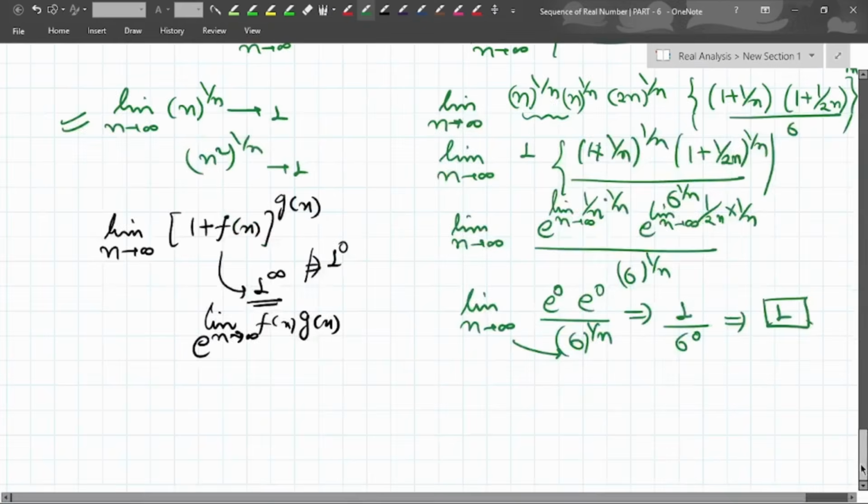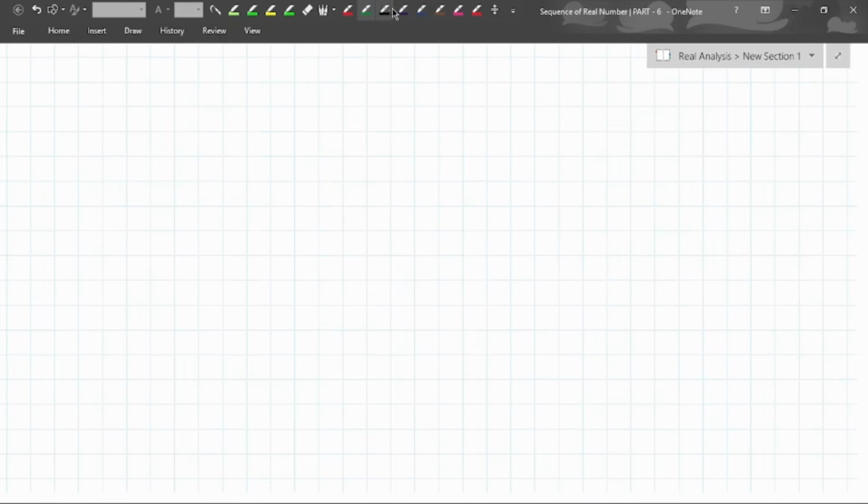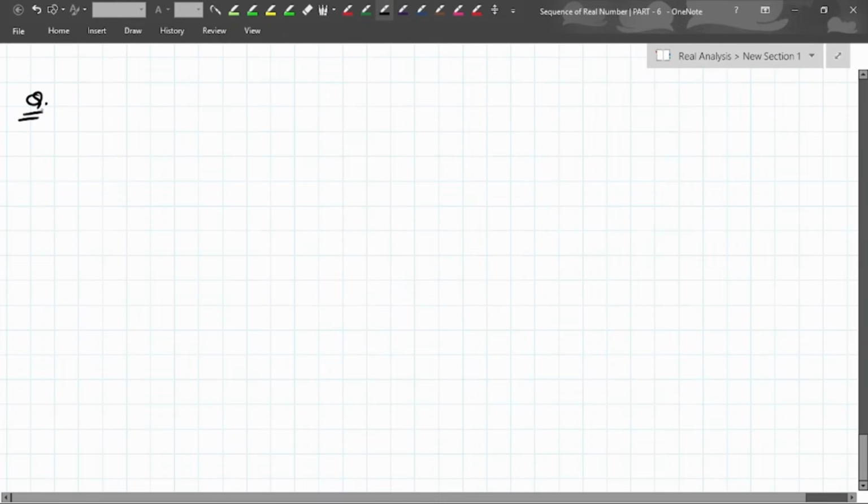Next, I will tell you how we can use the sandwich theorem here. If I take the second question, and I am going to find the limit n tending to infinity of (n plus sine n square) divided by (n plus cos of n).